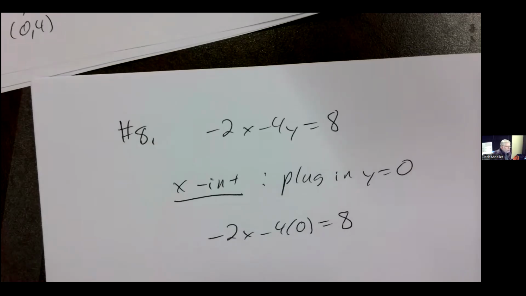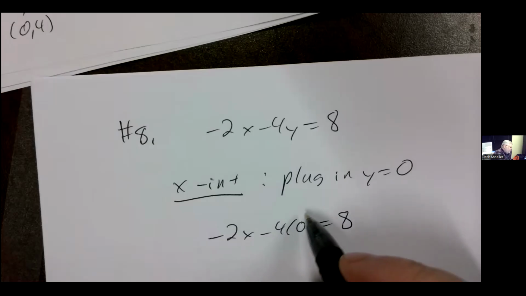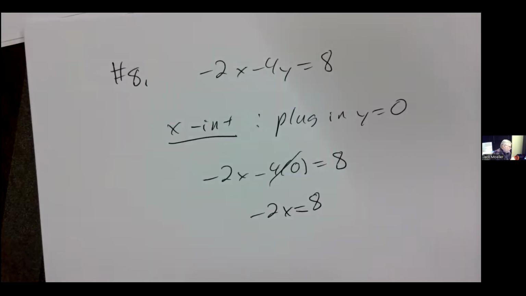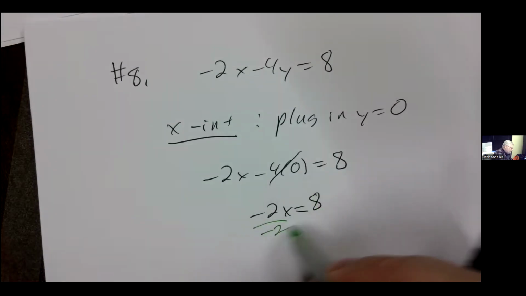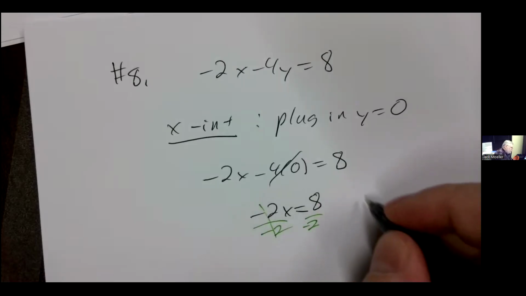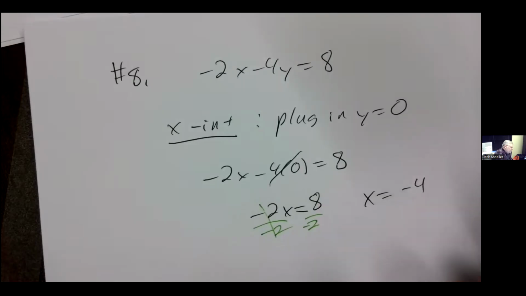You could plug in 1 or 2 or 3, but it's more work and you're more likely to get fractions. That term goes to 0. We get negative 2x equals 8. This is basic solving; you're going to solve a lot of equations at this level. We get x equals negative 4.